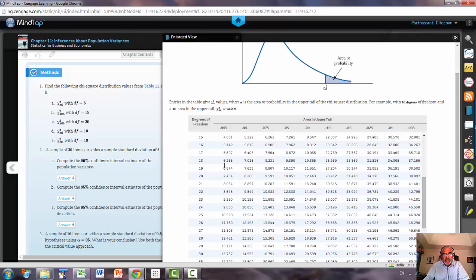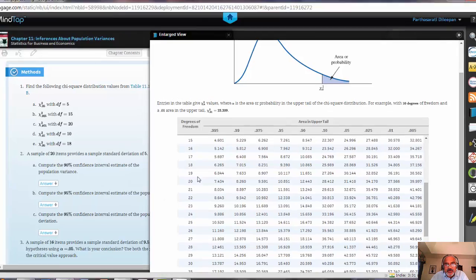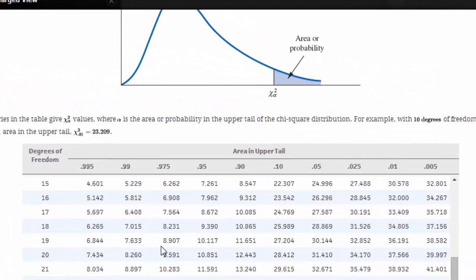So we now look at degrees of freedom of 19. n minus 1 is the degrees of freedom, so 20 minus 1 is 19, and you have 0.95, which is 10.117, and 0.05 will be 30.144.